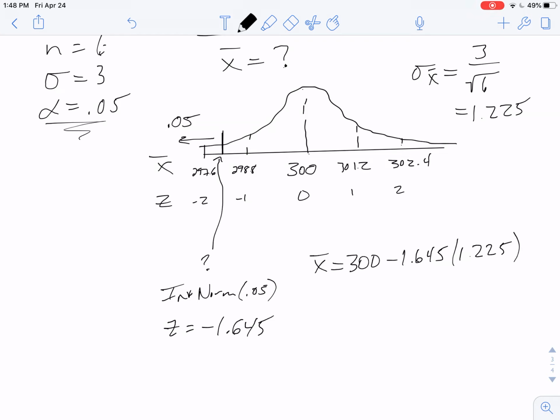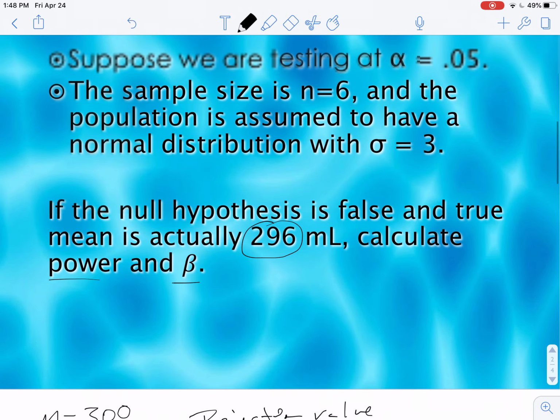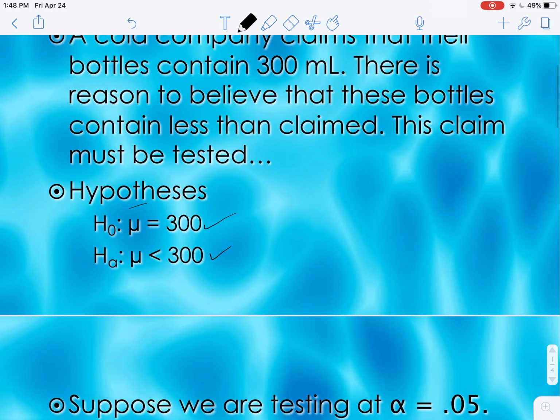Okay, and if I do that calculation, I end up with 297.99. So basically for any sample mean below 297.99, I'm going to reject my null hypothesis of mu equals 300.